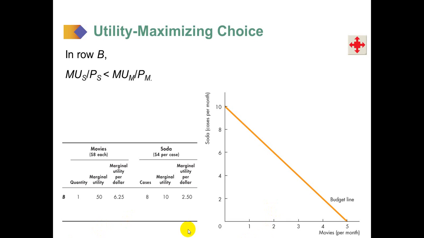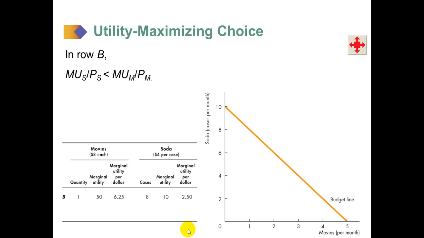Marginal utility per dollar equals the marginal utility from a good divided by its price. Calling the marginal utility from movies MUM, and the price of movies PM, then the marginal utility per dollar from movies is MUM divided by PM.